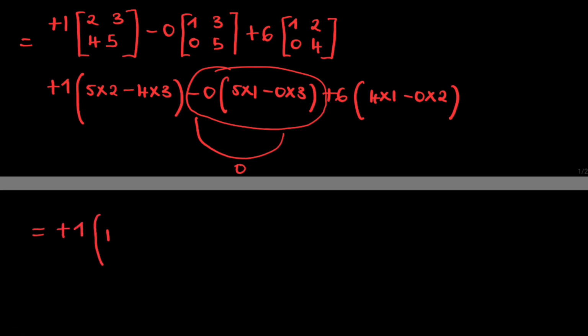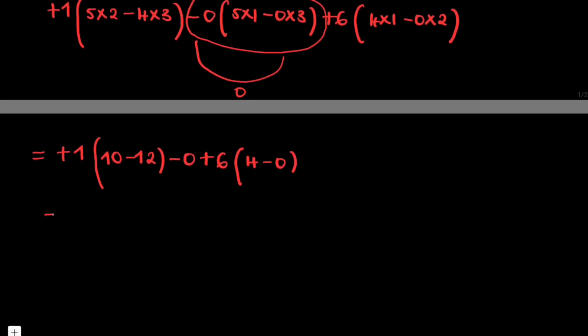So 5 times 2 is 10 minus 12, minus 0, plus 6 into 4 minus 0. So we have 1 into minus 2 plus 6 into 4.